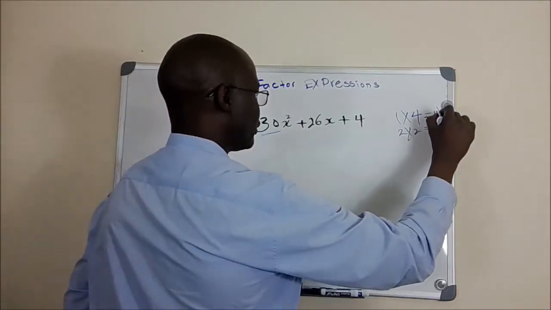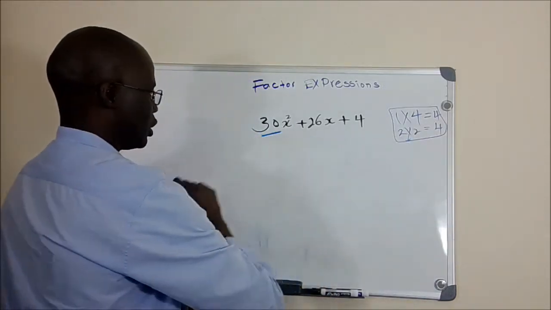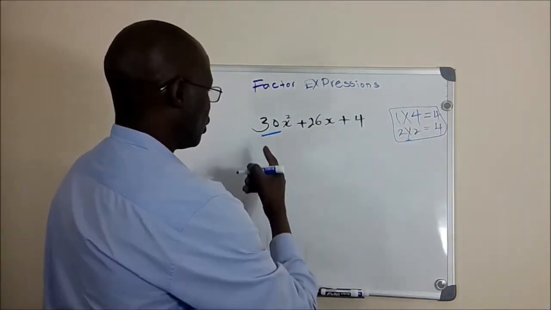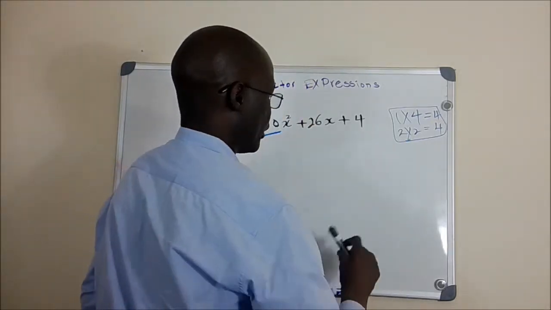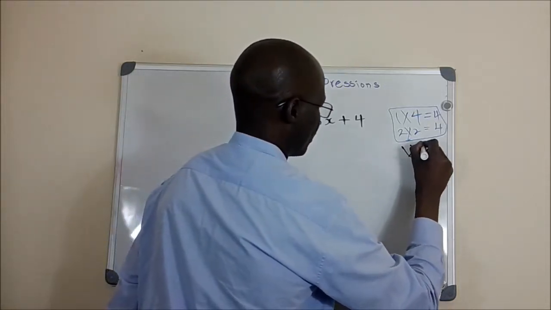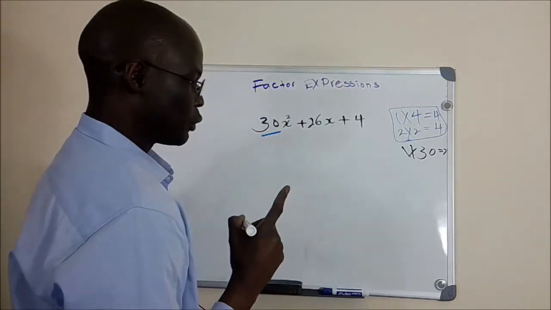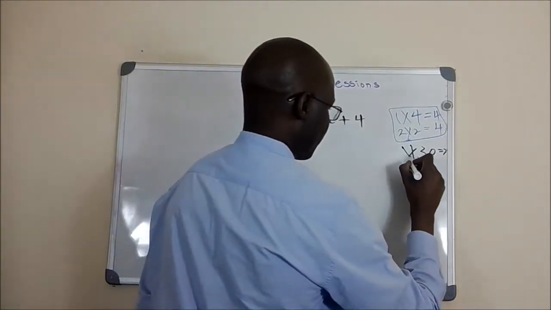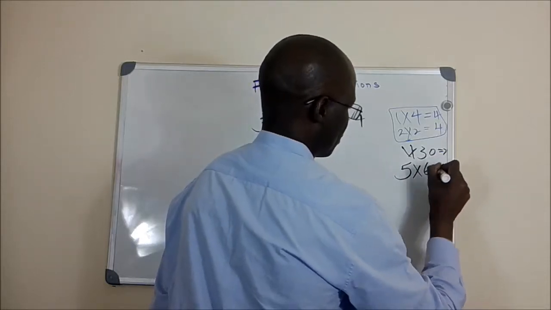So I'm going to leave the last number here on this one. So let's go to 30. 1 times 30 equals 30. We know that. What are the numbers on 30? It'd be 5 times 6 equals 30.